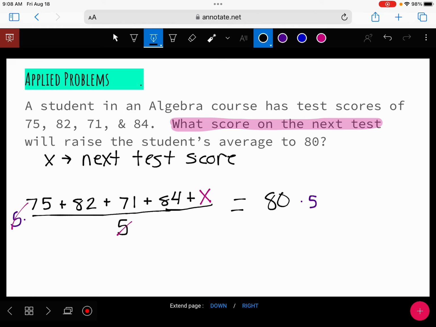This is one of those times we have to be patient with ourselves and add them all up because we don't get calculators. 82 plus 84 is 166 plus 71 will be 16 plus 7.